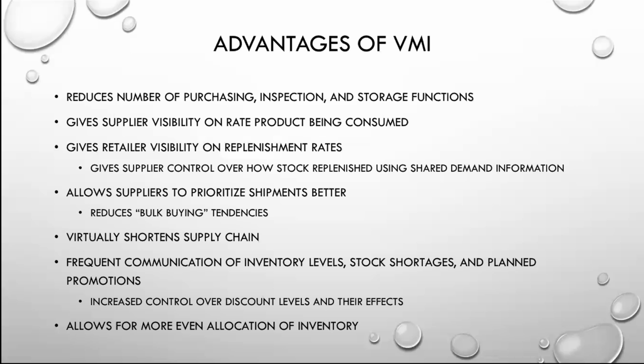In my classes, I always get these arguments about whether or not VMI is a good system for everyone involved. And in the case of Walmart, it especially comes up. Some students say that, yeah, Walmart has a right to beat suppliers into providing certain levels of inventory.